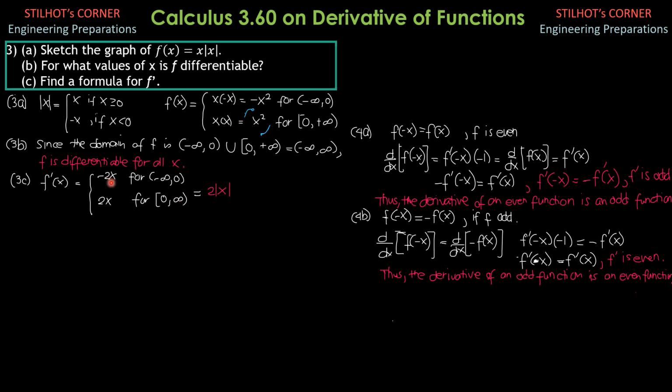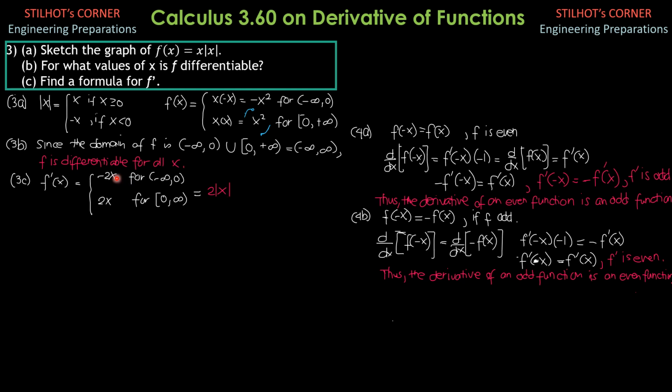Because for x negative, the slope is always positive for this interval, and this is always positive for this interval, we can reduce f prime of x to 2 times absolute value of x.